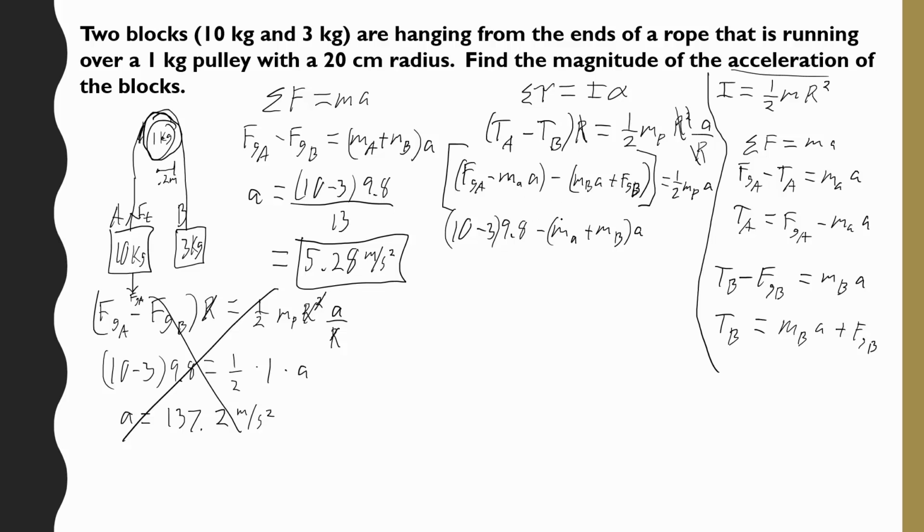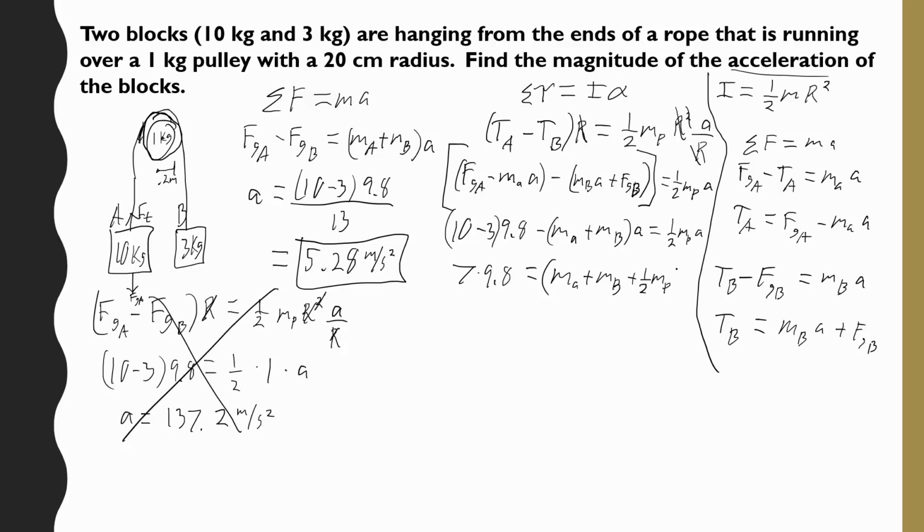So I'm just kind of collecting terms here. Equals 1/2 mass of pulley times acceleration. Now I've got another acceleration here, so I'm going to move this all over to that side. Might as well call this 7 times 9.8. This is going to end up being added, and then we can factor out an a again. So we're going to have mass of A plus mass of B plus 1/2 the mass of the pulley.